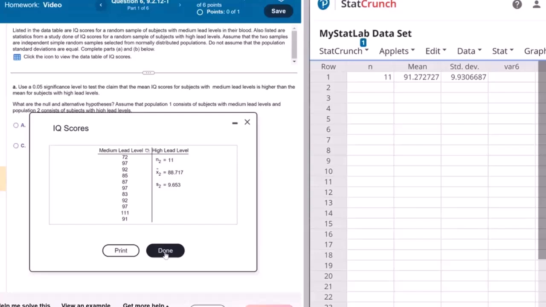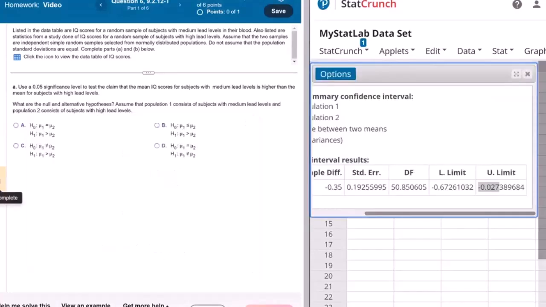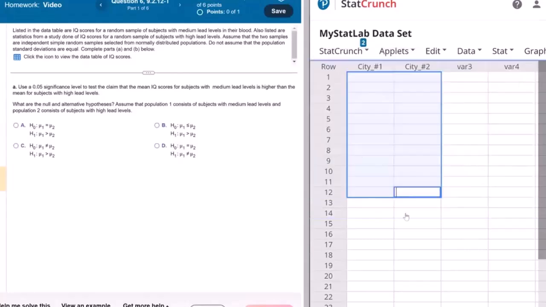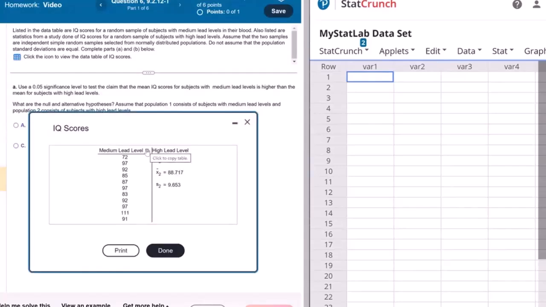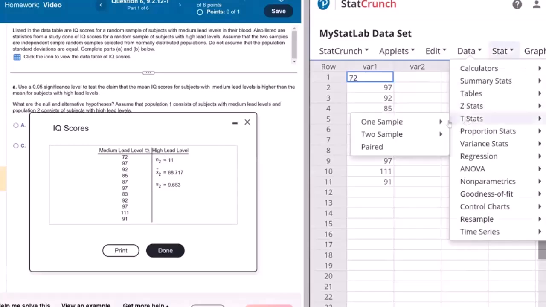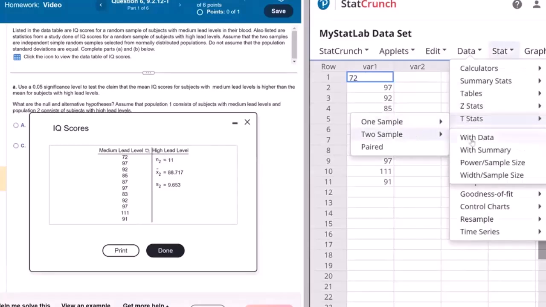I'm not going to completely do this because it is in your homework, but I did want to show you something that I didn't think that you knew. When I click here, I'm only getting part of my information. You saw before that when I go to Stat and T-stat and two sample, I either pick with data or with summary.